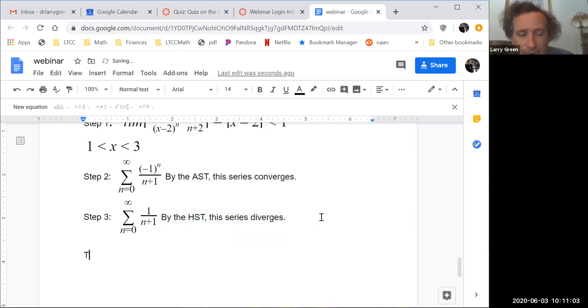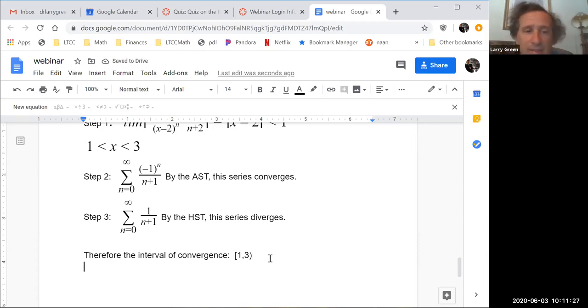Okay, therefore, the interval of convergence. Well, we know it's between 1 and 3, but we know it includes 1 and doesn't include 3. And that's the answer.